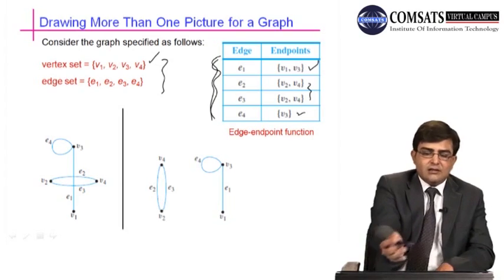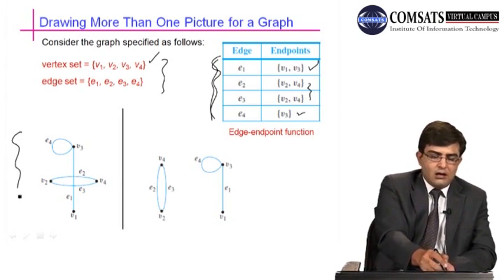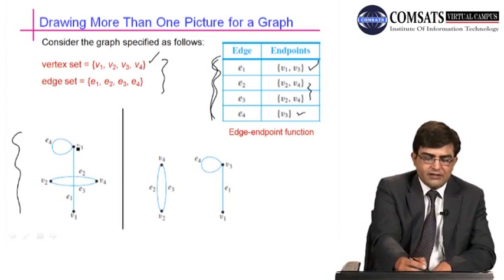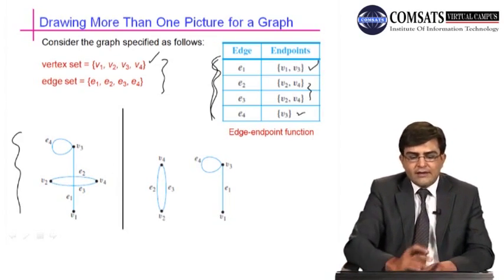So by using this information, I can plot this graph by placing V1 here, V2 here, V3, V4 here.